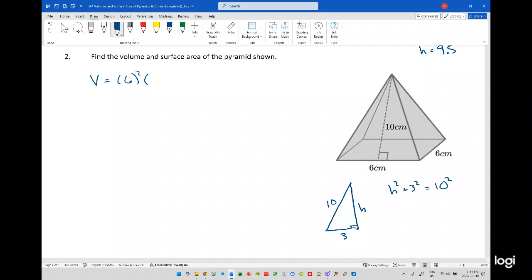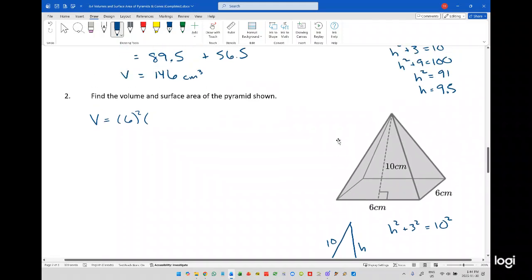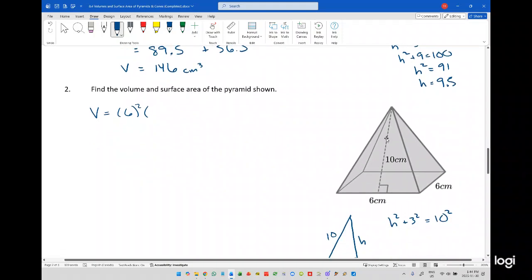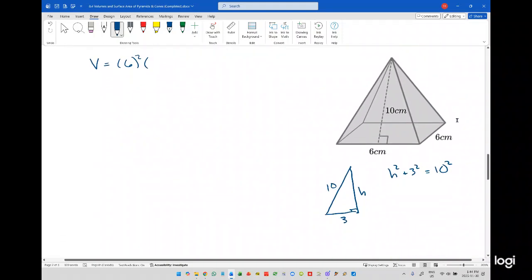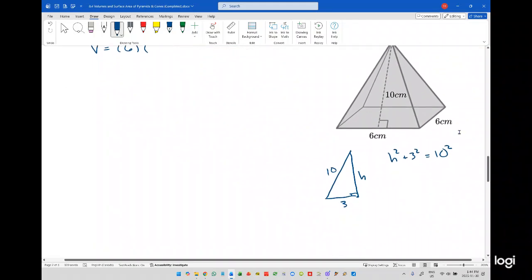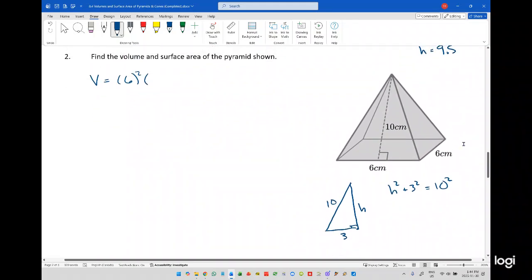And I did not do this on purpose, I swear. But apparently that's exactly the same as the cone that we just did above, which means that h is, what did we say it was, 9.5? Yeah, 9.5. All right, so h equals 9.5. That never happens, those weird coincidences.